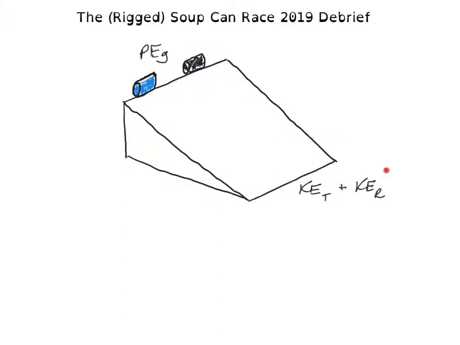Again, creating more rotational kinetic energy, therefore less translational kinetic energy. So conceptually, that's what's going on. But on the next slide, I'm going to go a little bit deeper into what rotational kinetic energy is in terms of rotational inertia and rotational inertia's impact on rotational kinetic energy.